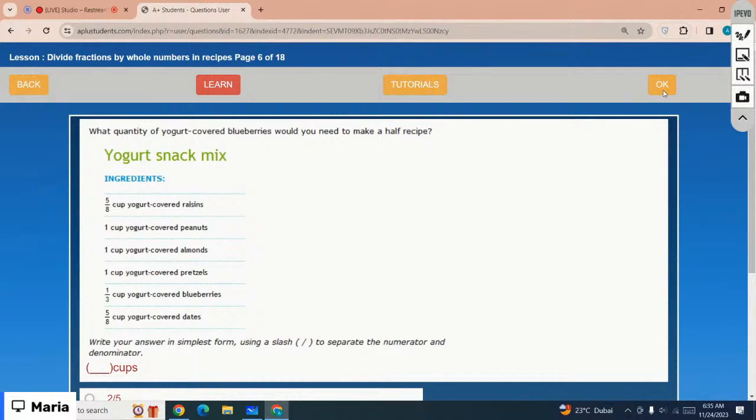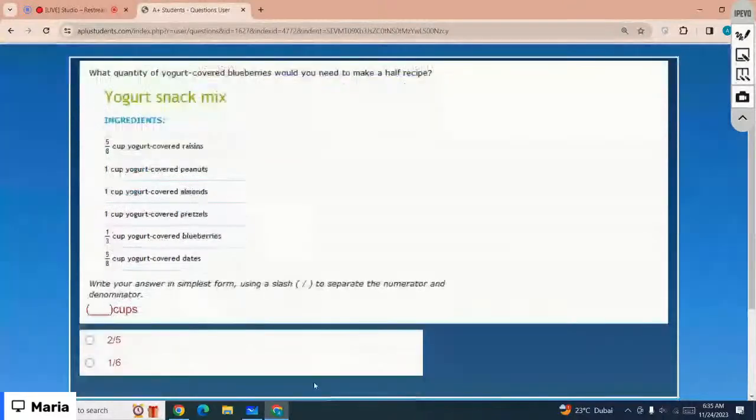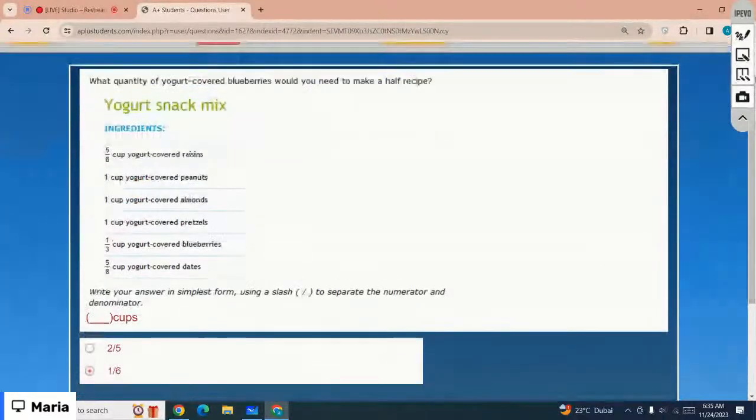So, the correct option is that would be 1 by 6th cup of the yogurt covered blueberries. The correct option is 1 over 6. Very good.